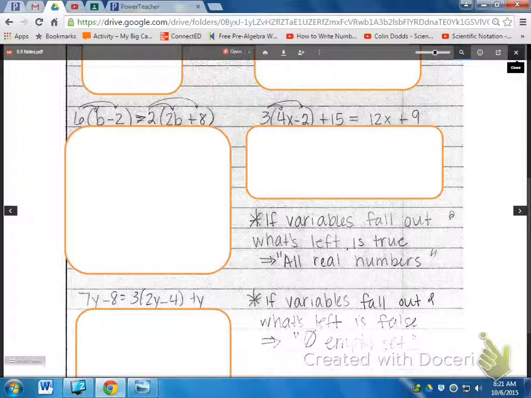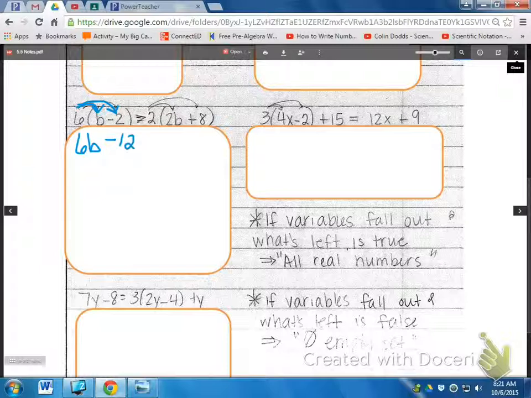First, you would take 6 times the quantity b minus 2. So 6 times b is 6b, and 6 times negative 2 is negative 12.